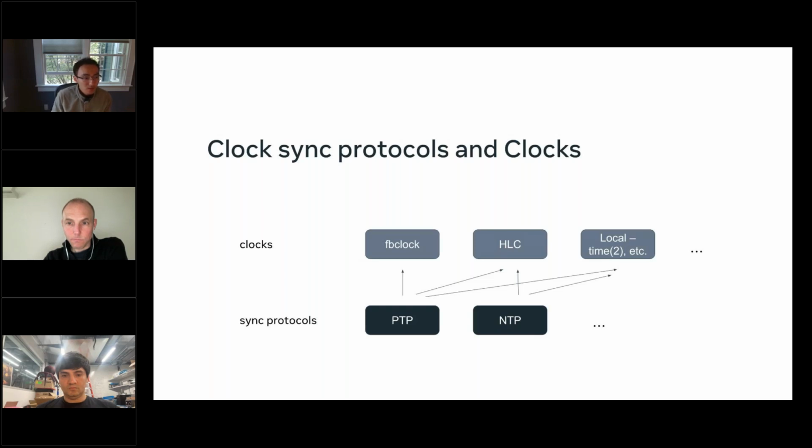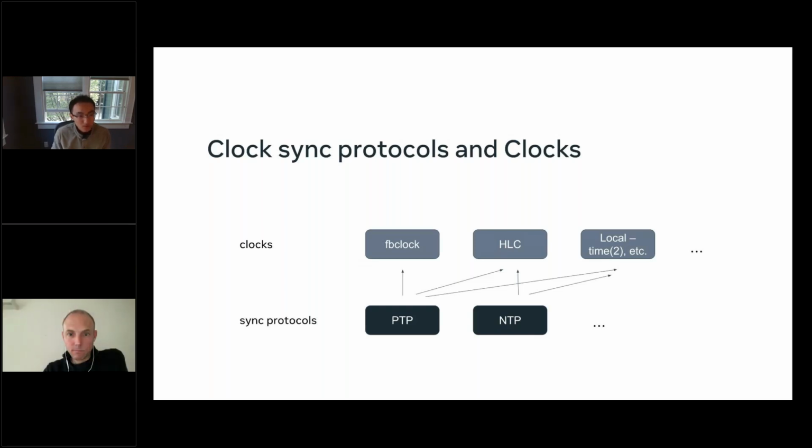From the underlying sync protocols, you have PTP, NTP, and so on. But for the actual clocks built on top of it, you also have FB clock or TrueTime. You have hybrid logical clock. You have just physical clock like Time 2. You also have other forms of logical clock, vector clocks, or whatnot. Which one should we use, and what are the pros and cons between these options?